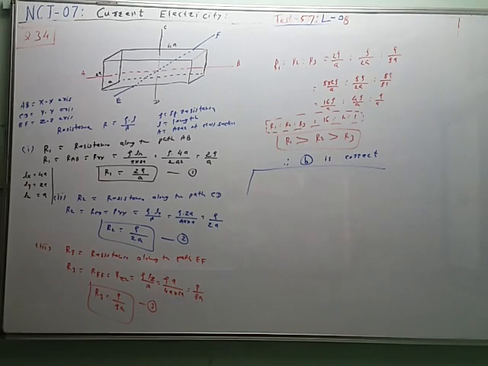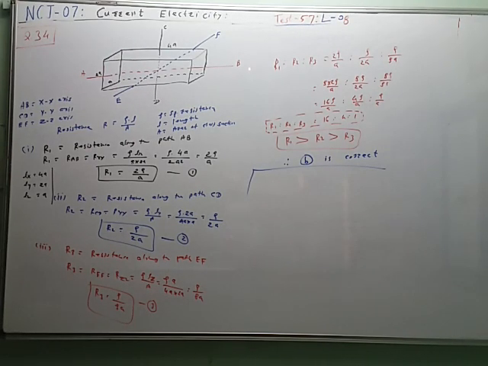So logically also you can give the answer, because resistance is directly proportional to length. This length 4a is the highest. Therefore, the resistance along the path AB will be more. Now it is inversely proportional to the area of cross section, and along AB the area of cross section is the smallest.